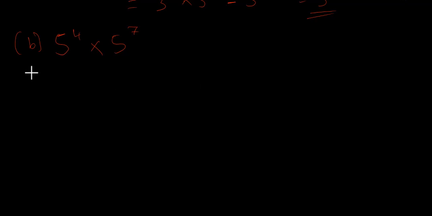For the next part, we have been given 5 to the power 4 multiplied by 5 to the power 7. What are we going to do? We are going to apply this principle where m to the power x multiplied by m to the power y is equal to m to the power x plus y.